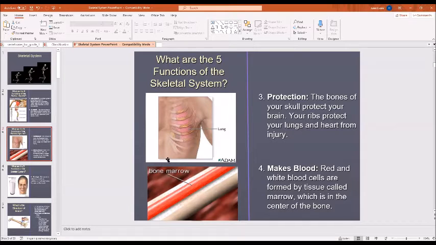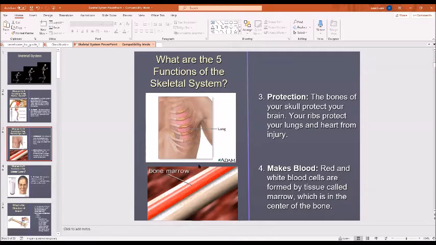That means they are very important. If something were to happen to our lungs or our heart, then we would probably lose our life. So this is why you find bones around the most important organs in our body, such as our brain, or as in this example here, the lungs and the heart.